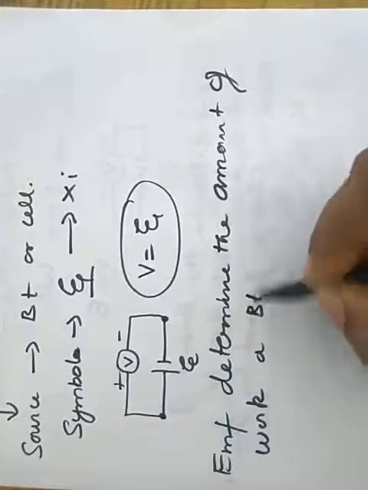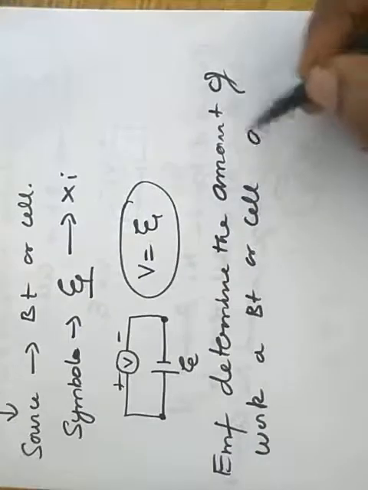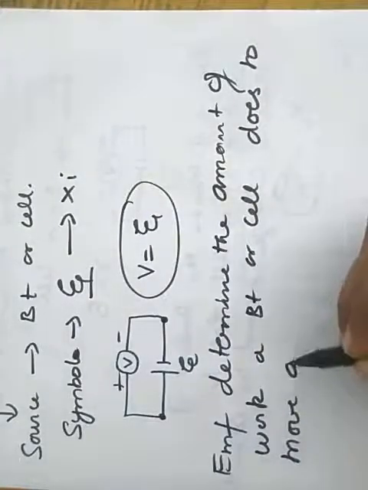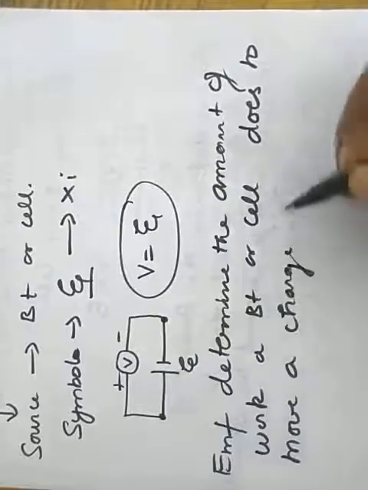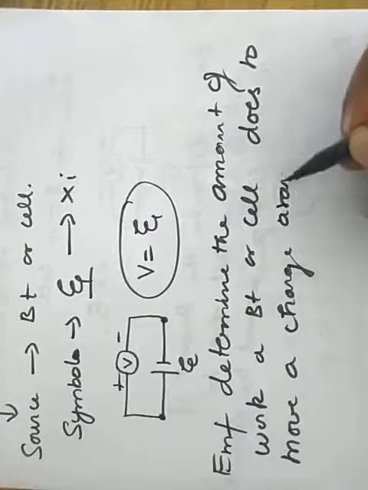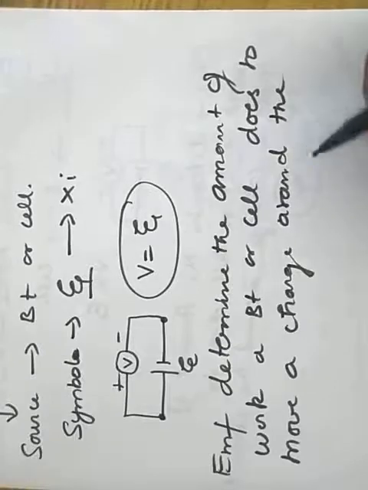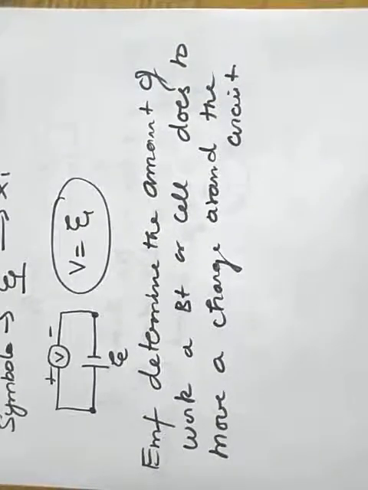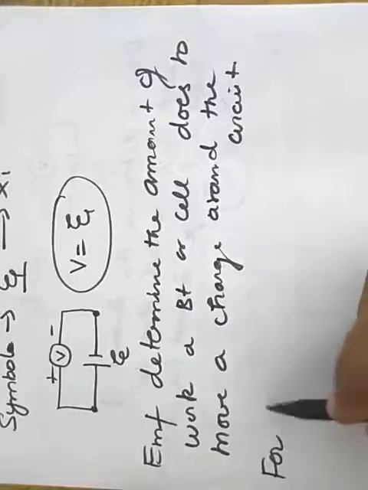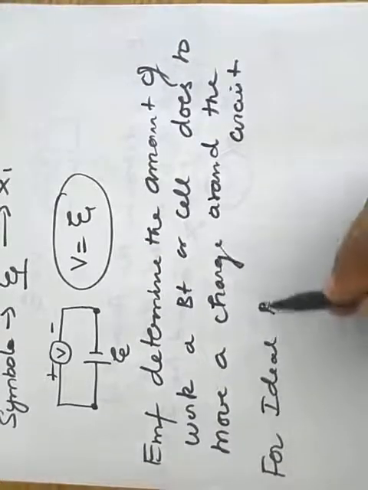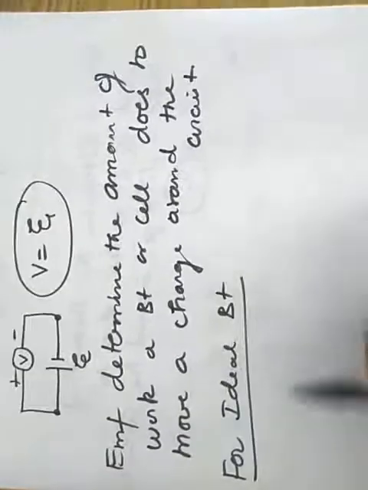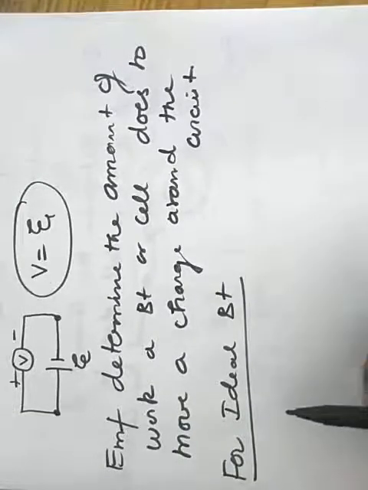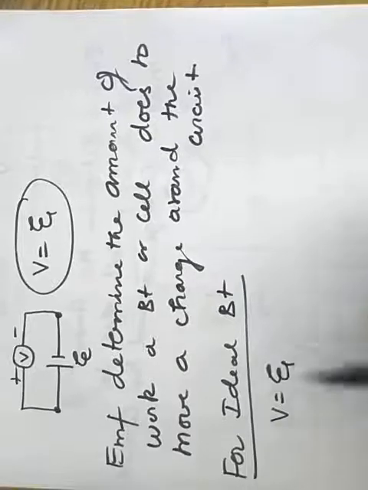For an ideal battery, the potential drop across the terminals of the cell is equal to the EMF of the cell.